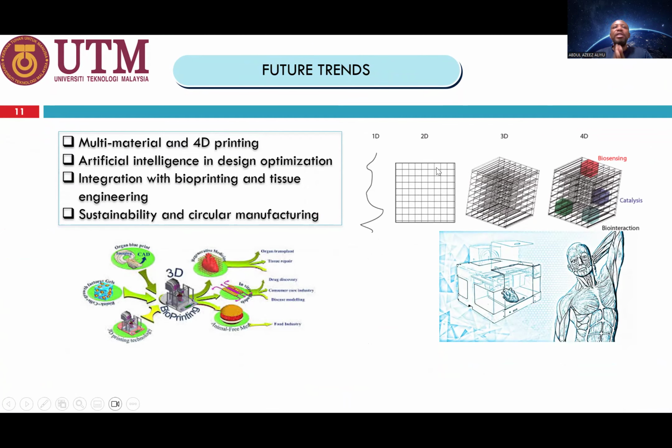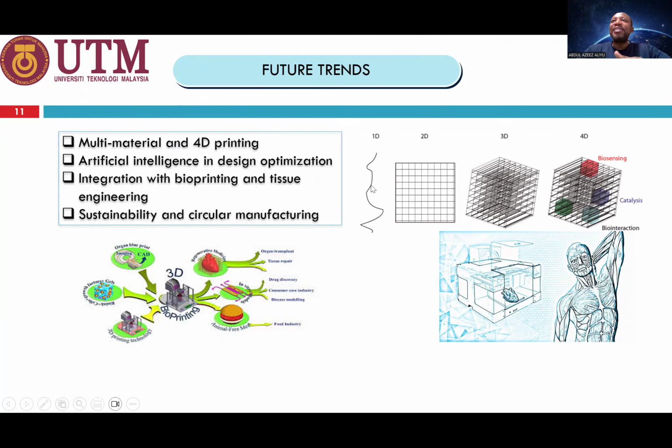So before we call it a day, we need to look at the future trends of additive manufacturing. In future, we are expecting additive manufacturing to be applied in various materials, because currently only pure material can be used. We are expecting additive manufacturing to be explored in 4D manufacturing, and also expecting the knowledge of artificial intelligence to be incorporated in design optimization for additive manufacturing, and also integration with bioprinting and tissue engineering.